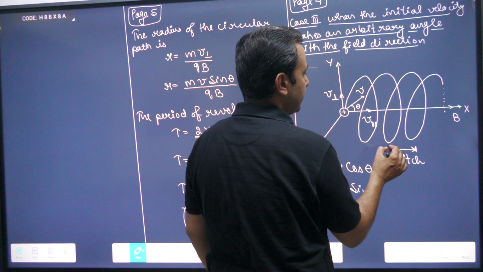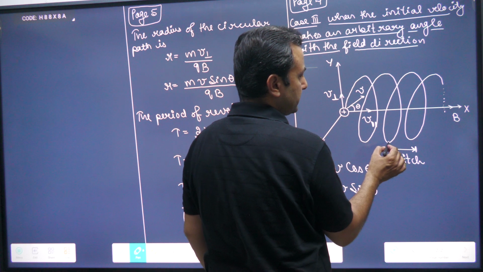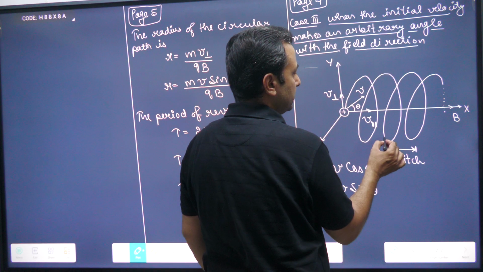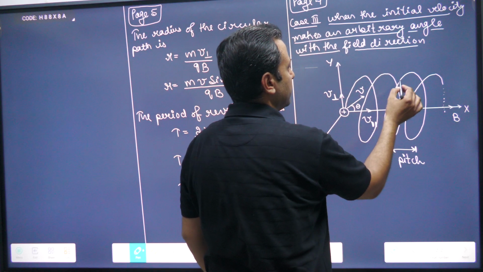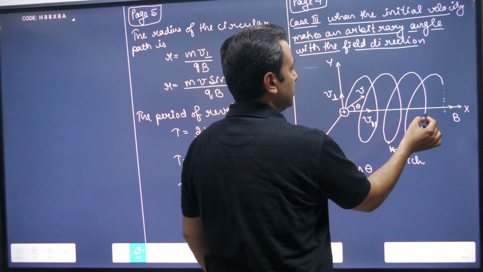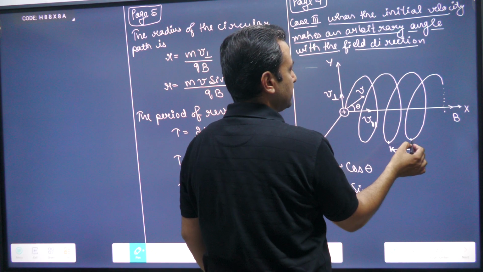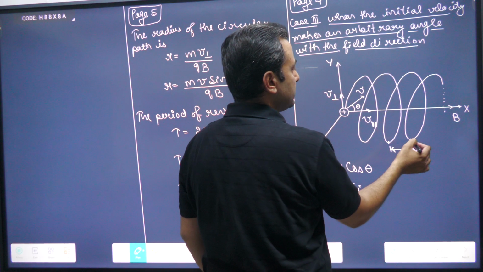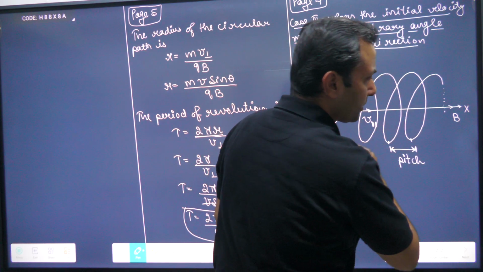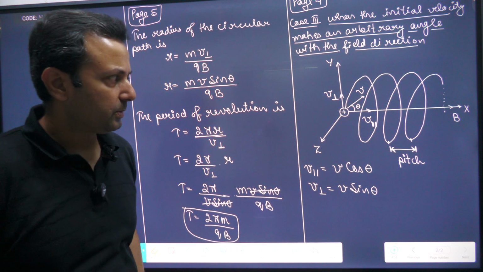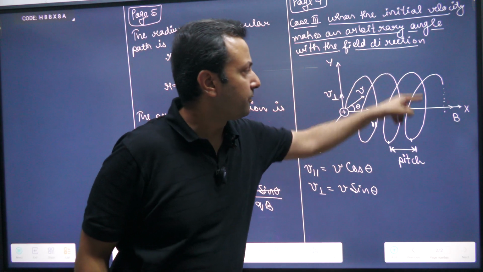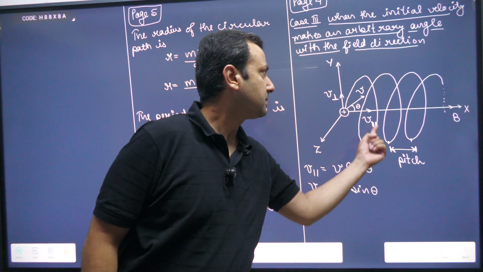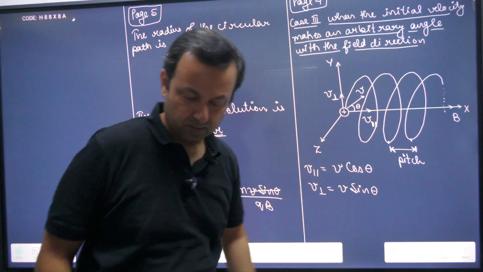Consider this path, where the loop starts from this point and goes up like this, and then comes down at this point. So from here till here, it completes one circular path, because the initial position and final position are at the same place.